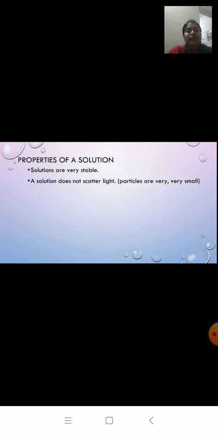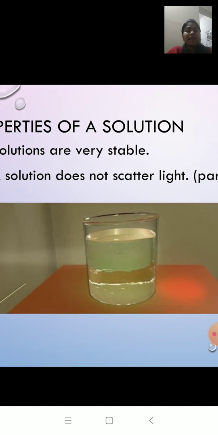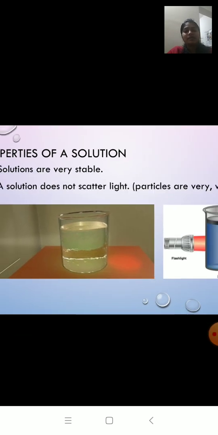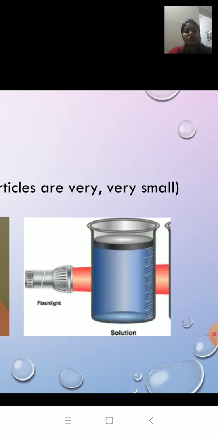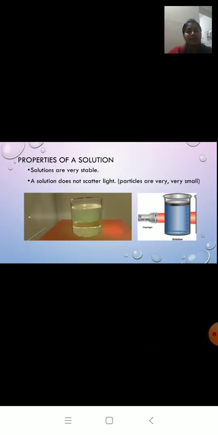Solution does not scatter light. Now if you place a torch near a solution, you cannot see a beam of light inside the solution. The path of light is not visible inside the solution. You can see in the picture, when you place a torch near the solution, the beam of light is not seen inside the solution.